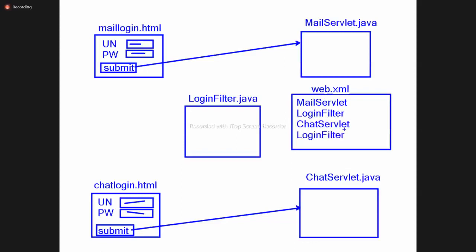Then whenever you click on the submit button, the request comes to the mail servlet. Already we configured that whenever a request comes to the mail servlet, divert the control to the login filter, so it is diverted. Like this, here also whenever a request comes to the chart servlet, control is diverted to the login filter.